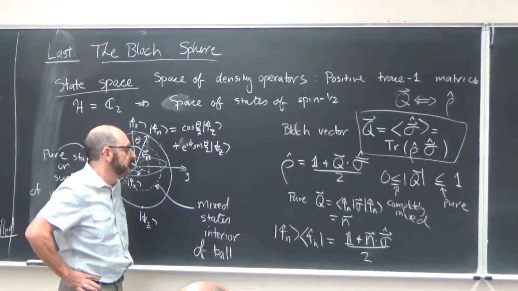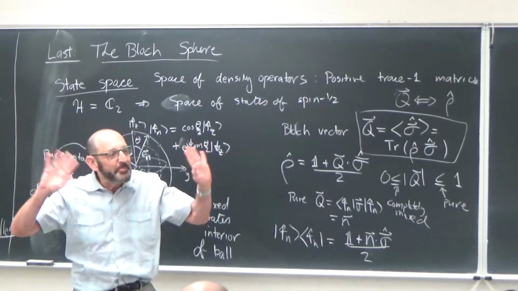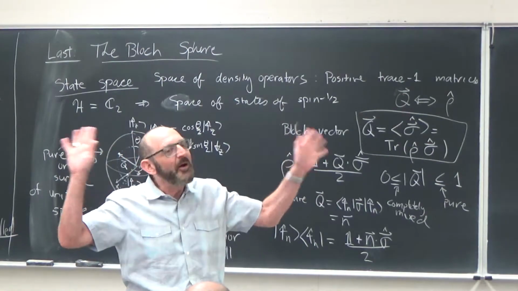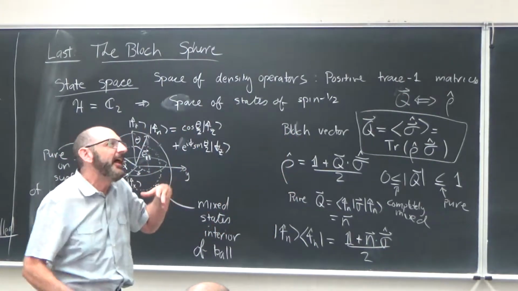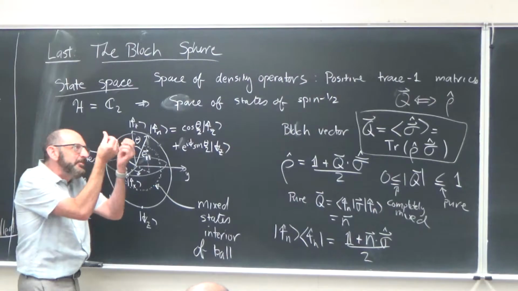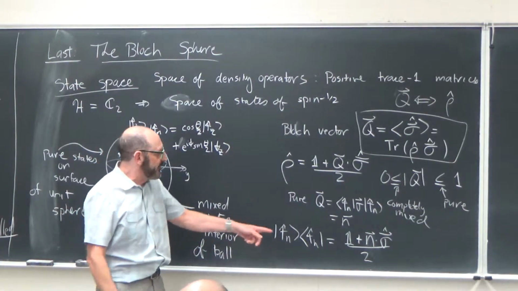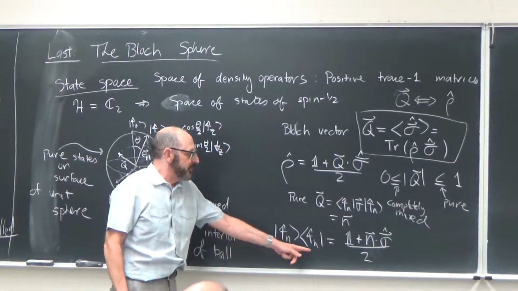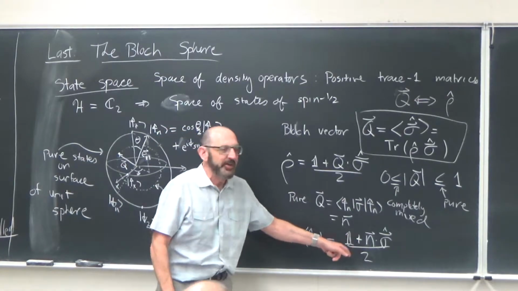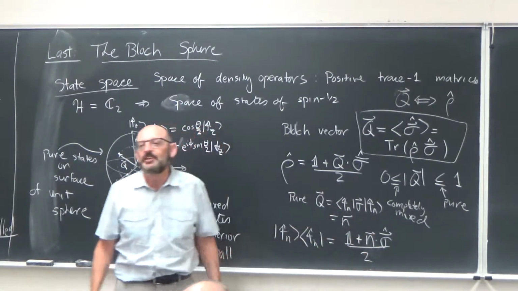Okay? And we have all kinds of algebraic relationships here. All kinds of algebraic relations that you should have at your fingertips. For example, I can write any pure state, or a projector onto any direction, in terms of the Pauli matrices this way.